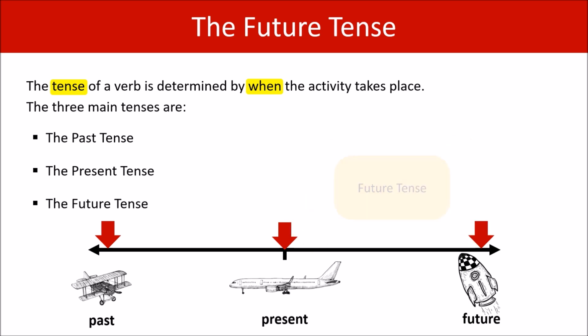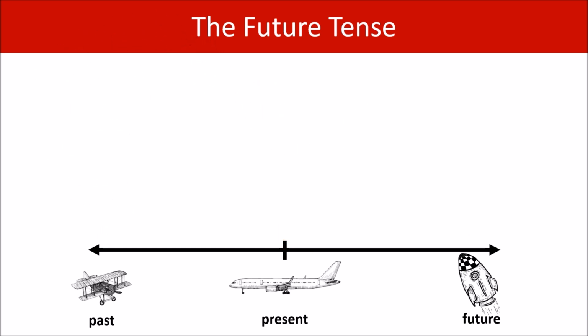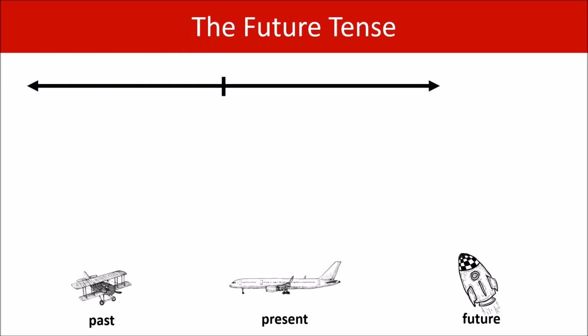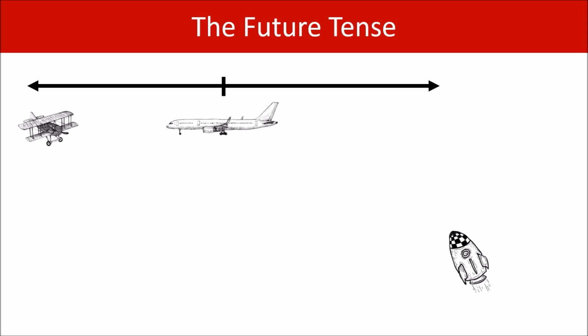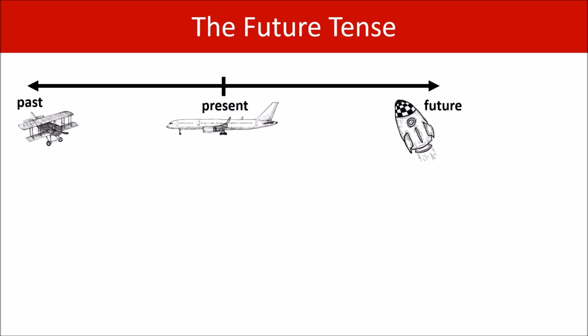Let's move our timeline to the top to give ourselves some space. Okay, here we have an activity that will take place in the future, as shown by the red arrow.